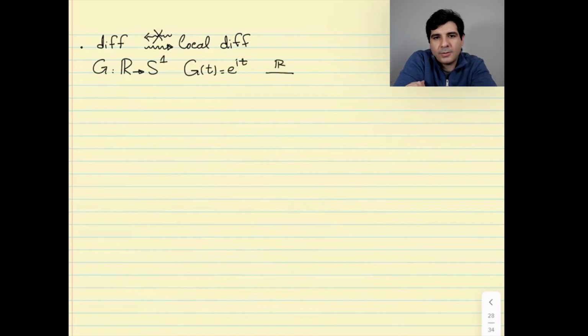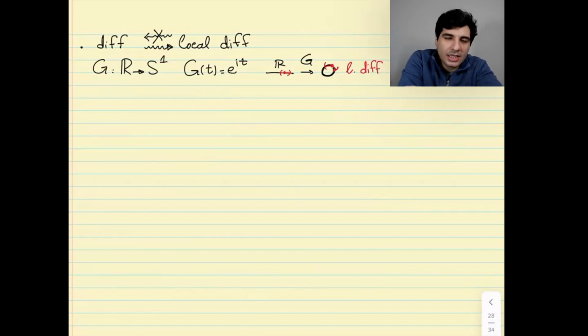It sends R to S1 and wraps around S1 infinitely many times. So it's not one-to-one, and therefore it's not a diffeomorphism. But for any point you pick in R, you can pick a very small interval around it and a very small interval around its image, such that on these two small intervals, G is a diffeomorphism. So G is a local diffeomorphism, but not a diffeomorphism.